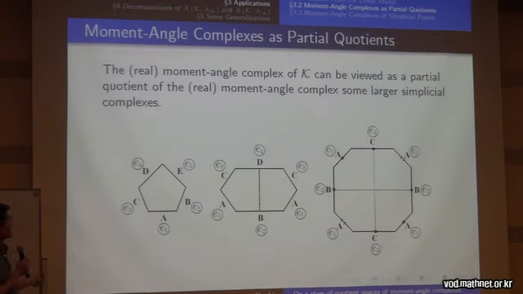But anyway, in all these 3 pictures, the faces of the polygon are colored by the basis of some torus, right? Z2 torus or torus. And then we can apply our theorem to compute the cohomology group of the moment-angle complex from each of these pictures.